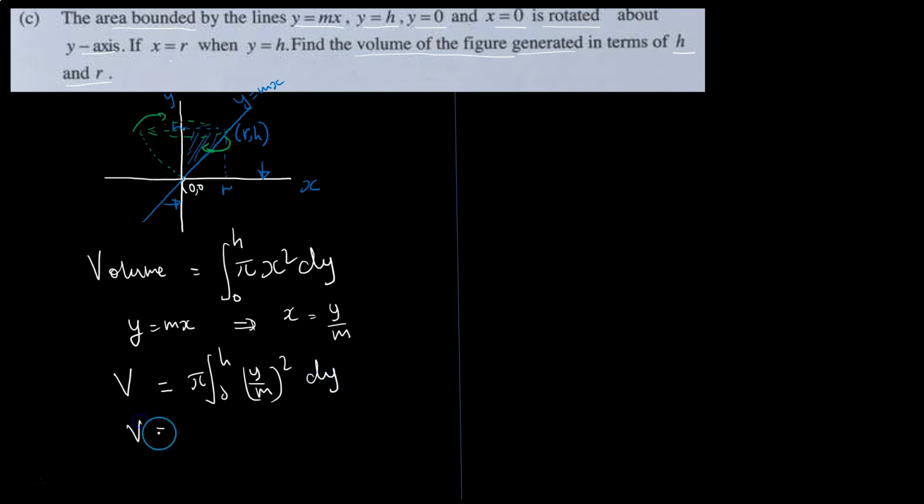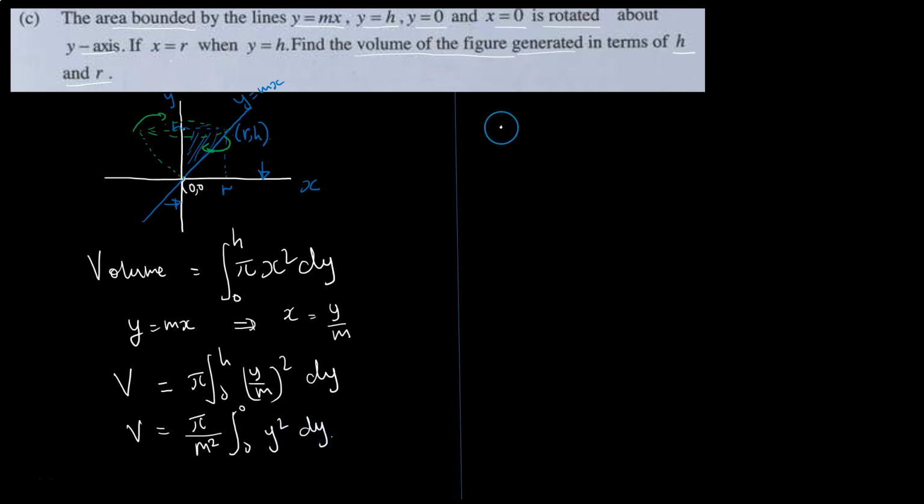If we take this out and simplify as much as you can, that's pi, and then m is a constant because it's a gradient of a straight line, so that can come outside, and then the integral from 0 to h of y squared dy.